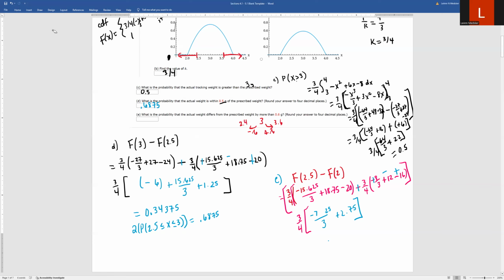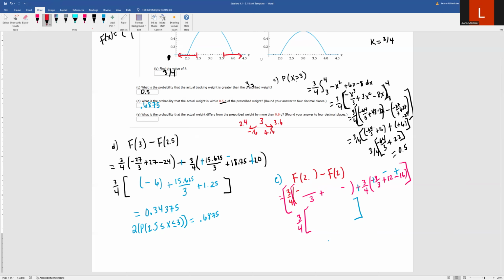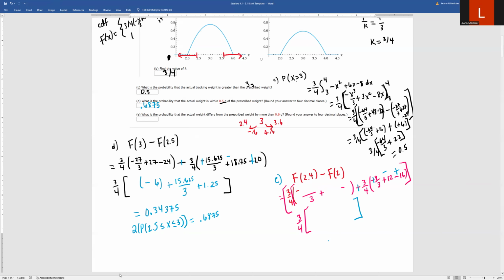So let me fix the math right here because it's going to be this portion that's wrong. When we plugged in, it should have been 2.4. I bet y'all caught that while I was making a mistake, and that's okay. So we've got 2.4 cubed, and then make that negative. That's going to be negative 13.824. Okay.